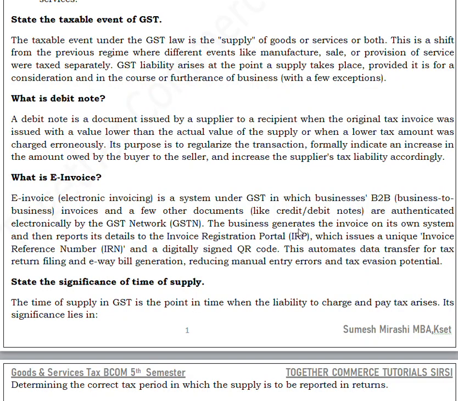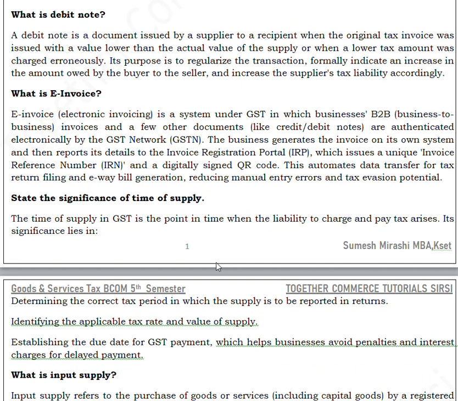The business generates the invoice on its own system and then reports its details to the Invoice Registration Portal, that is IRP, which issues a unique Invoice Reference Number, that is IRN, and a digitally signed QR code. This automates data transfer for tax return filing and e-way bill generation, reducing manual entry errors and tax evasion potential.